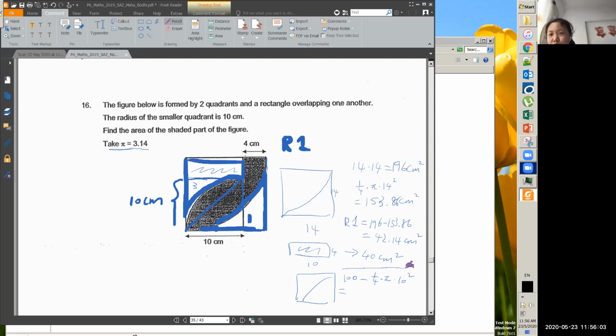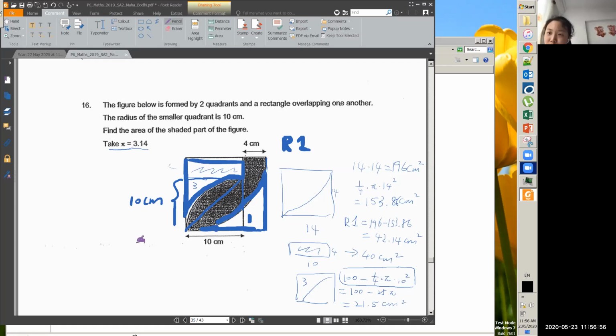Can you help me out with this? So the answer is 21.5 cm squared.